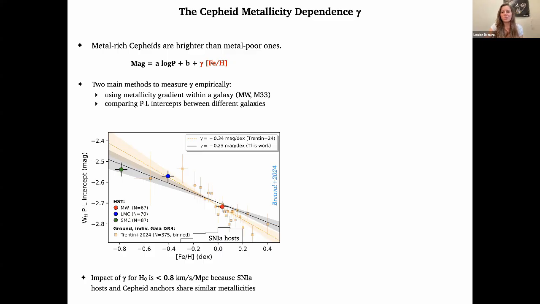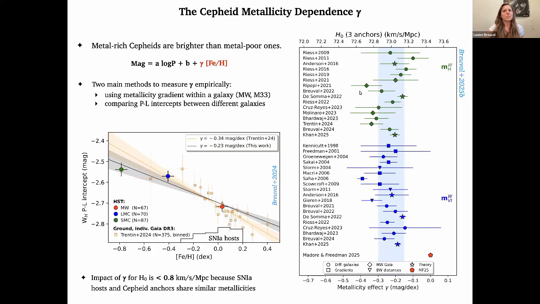Now, you're probably wondering what's the effect of this coefficient for the Hubble constant. Well, it's very small, because even if you take different values for gamma, it doesn't change H naught very much. Here you have gamma on the lower axis and H naught on the upper axis.